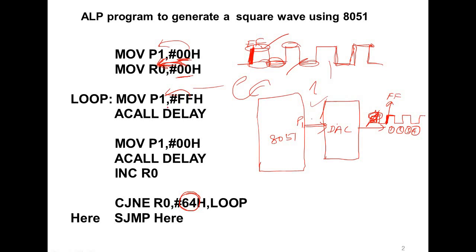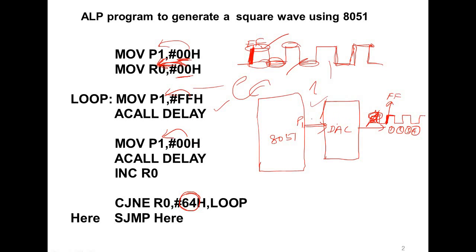We have to call the delay program I explained in the previous video. So FF is sent, then we call delay, and then we send 00 to the same port.